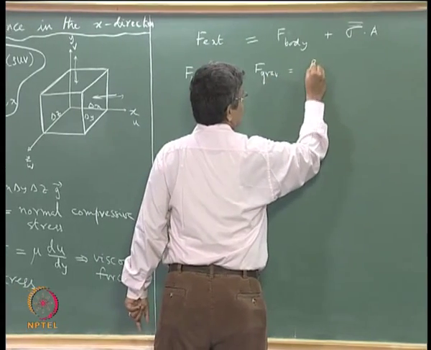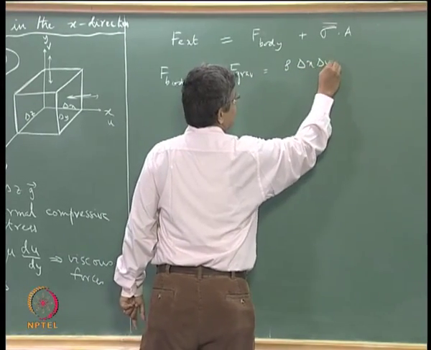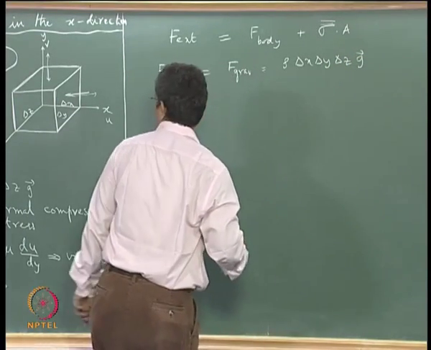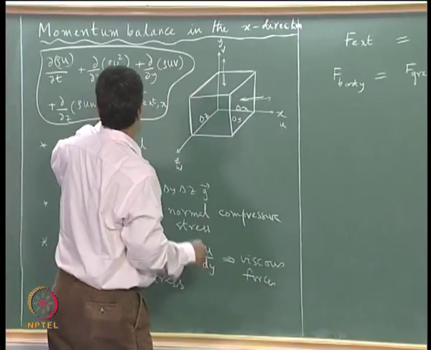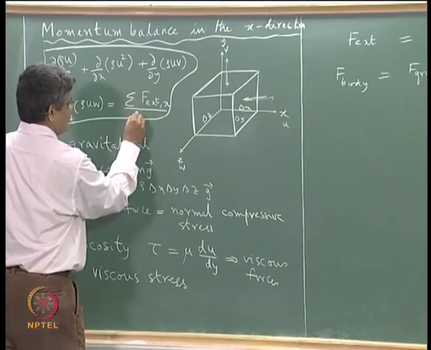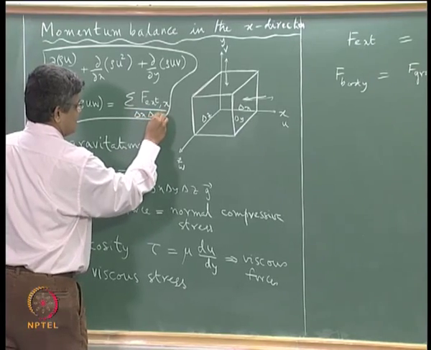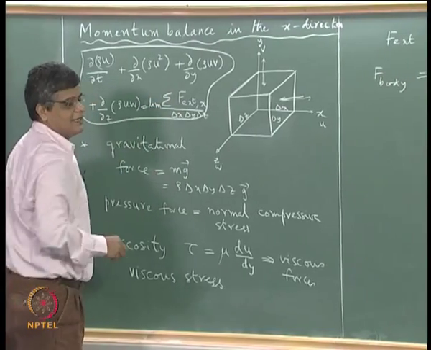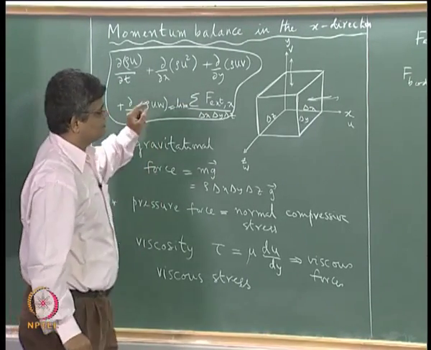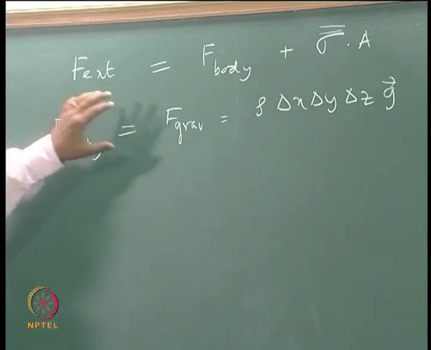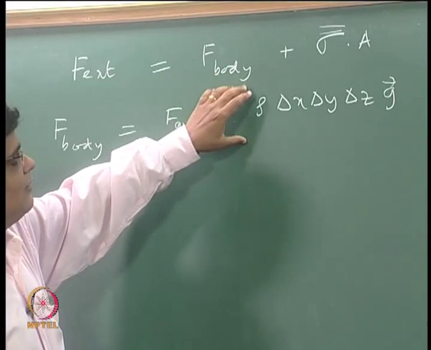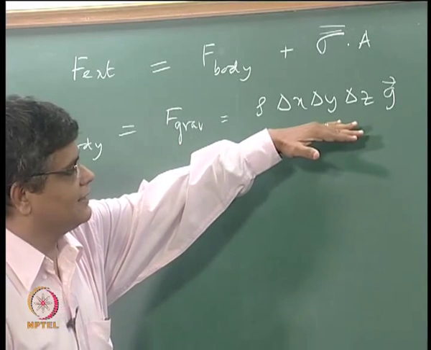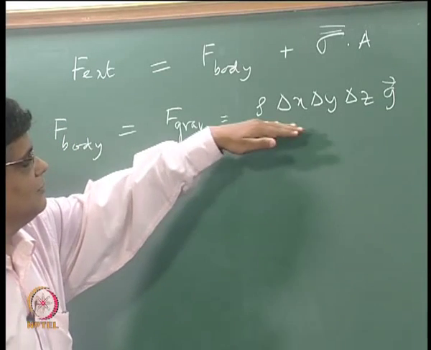So this is rho delta x delta y delta z times g, and we divide by delta x delta y delta z, in the limit as delta x tends to 0 and all these things. So now the equivalent gravitational force in the limit of this divided by delta x delta y delta z going to 0.